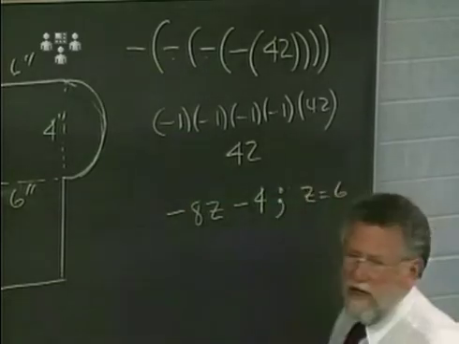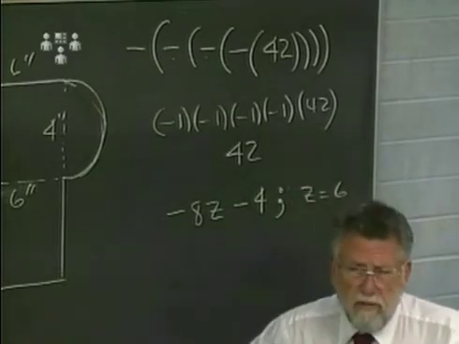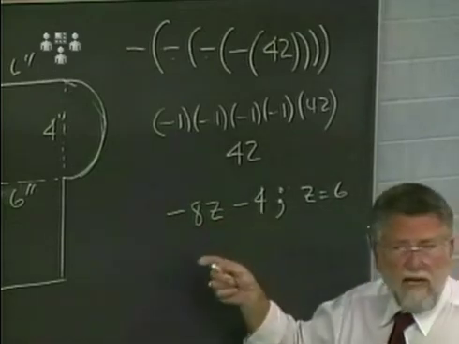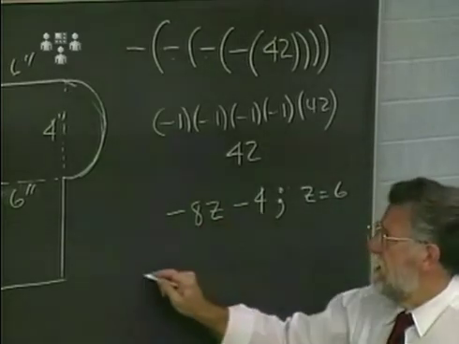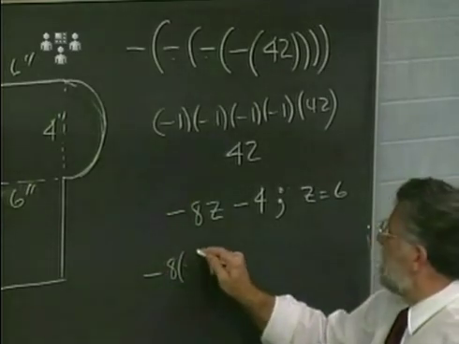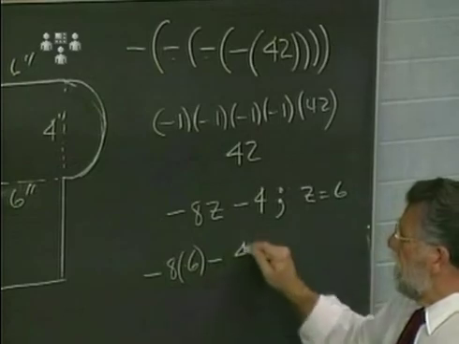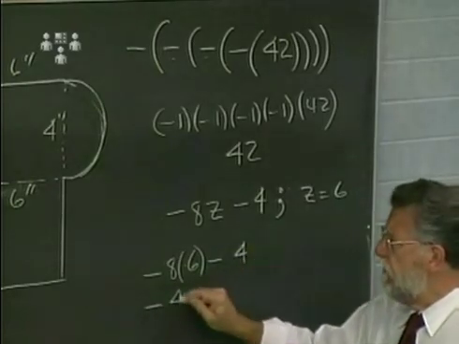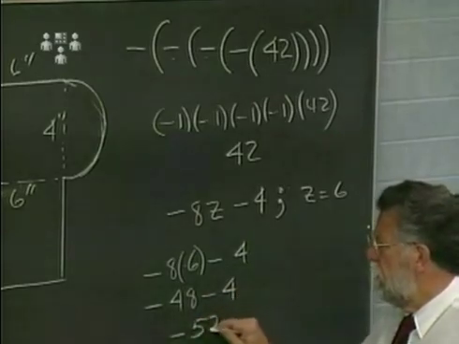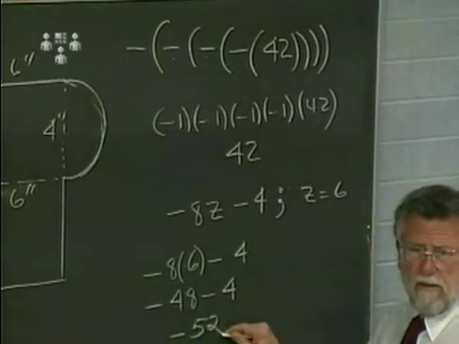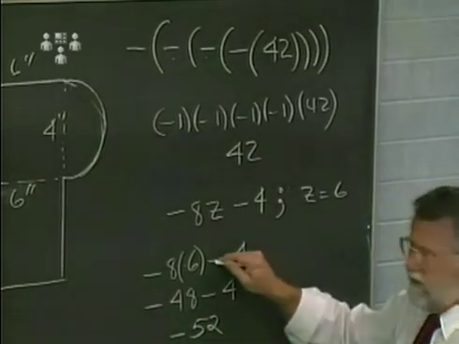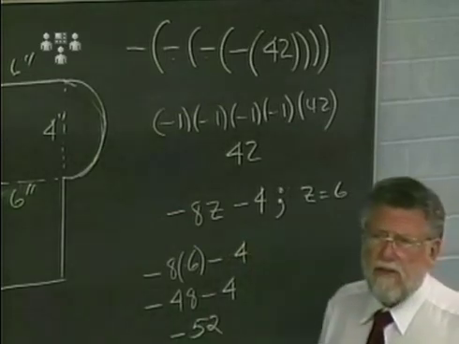What this is, evaluate this expression, the expression negative 8z minus 4, when z is 6. So negative 8, substitute for z, a 6. You have negative 4. This becomes negative 48 minus 4, negative 52, done. So if you think of this as plus negative 4, yes.